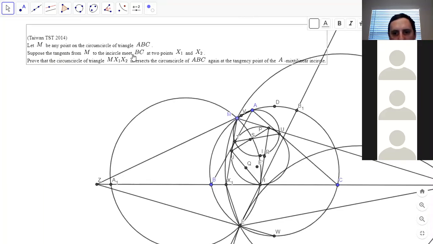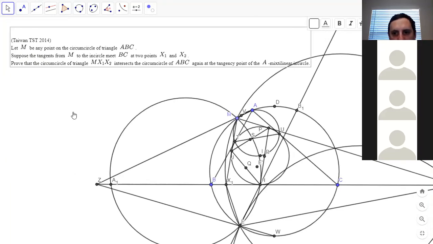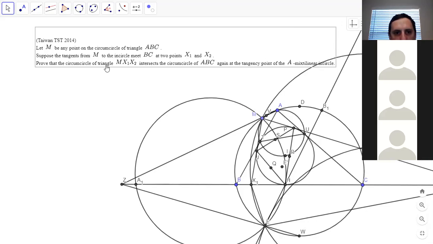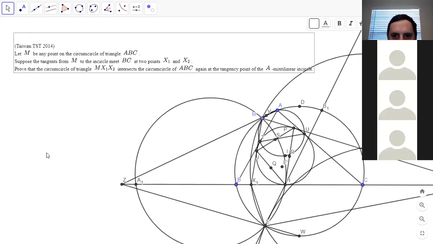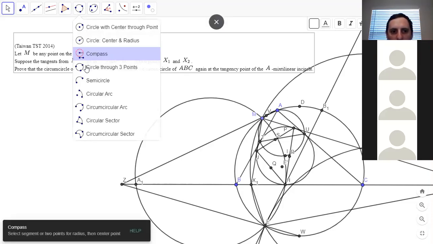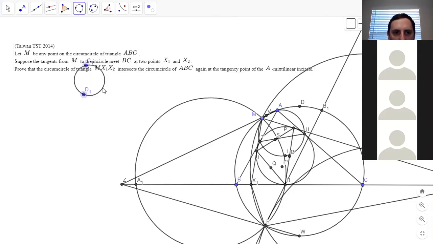Okay, so we're not going to see x2 basically when I write up the proof. So, okay, M.